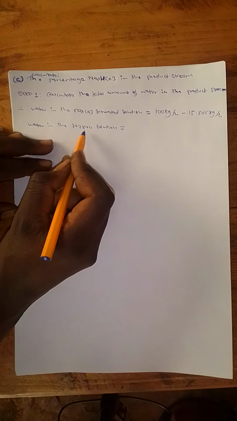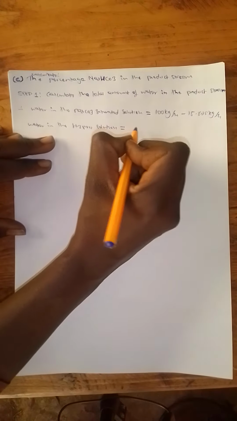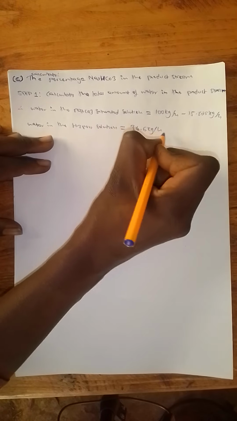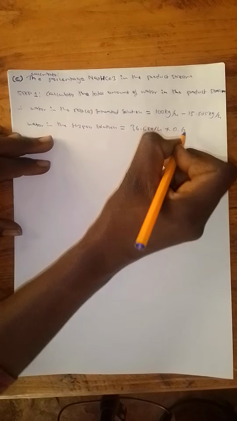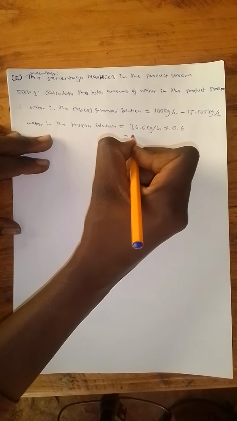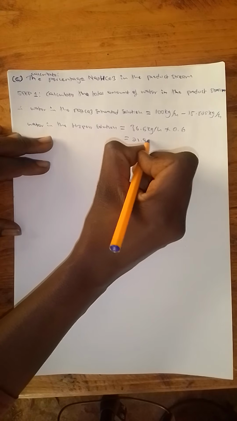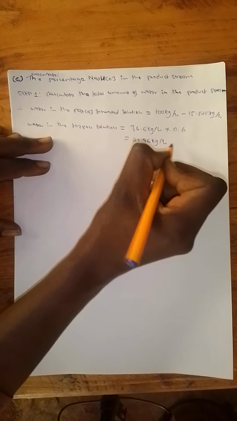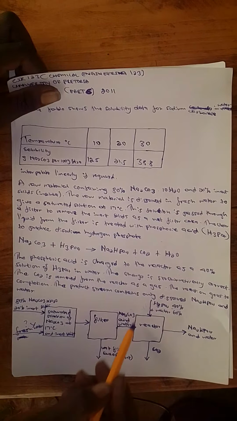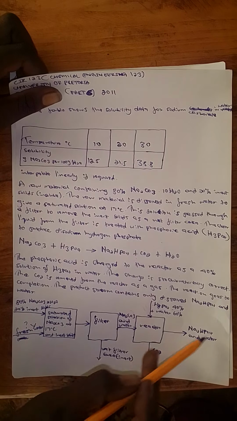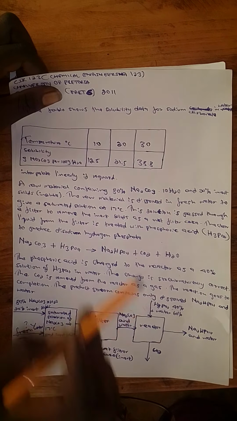So the water in the H3PO4 solution is equals to 36.6 kilograms per hour multiplied by 0.6, and that gives you 21.96 kilograms per hour. So now we have figured out the amount of water here and also the amount of water here. So the amount that's left is the water that actually gets to be formed from the chemical reaction, as you can see it here and there.